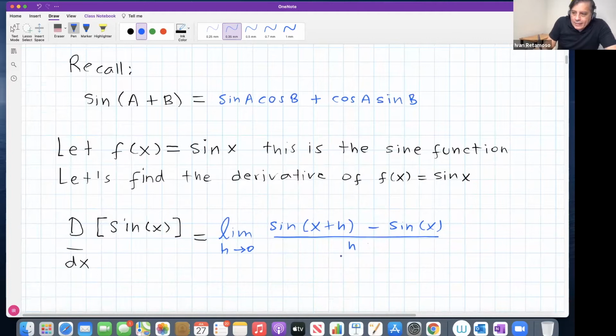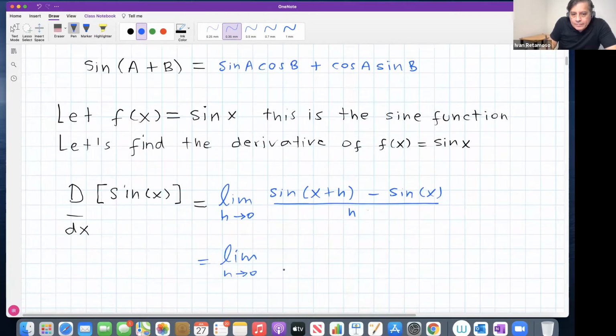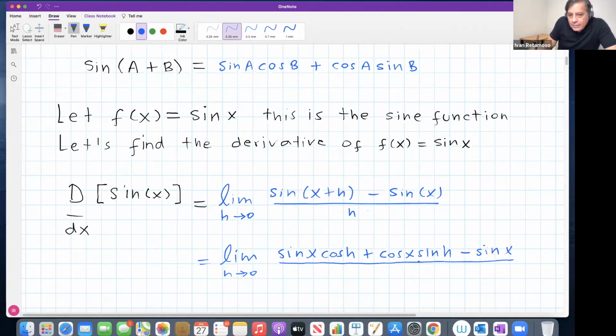Now, next, I'm going to expand this using this identity that comes from trigonometry. So they should be equal to the limit as h approaches 0 of sine of x cosine of h plus cosine of x sine of h, minus sine of x, all this divided by h, and we are supposed to take the limit of that as h approaches 0.